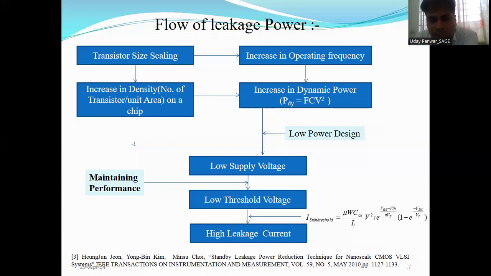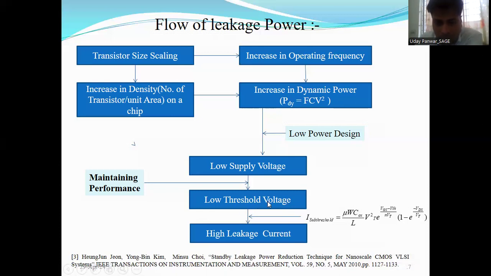Due to this carrying capability, the speed will be degraded at the low supply voltage. So to maintain this performance, we also reduce the threshold voltage of the device. If we reduce the threshold voltage of the device, in the same manner we maintain the performance of the chip at the lower voltage also.